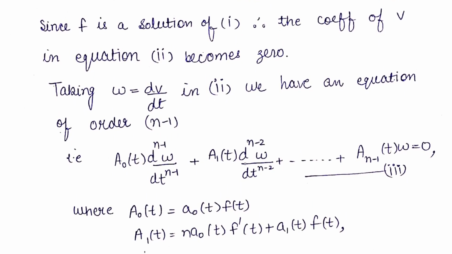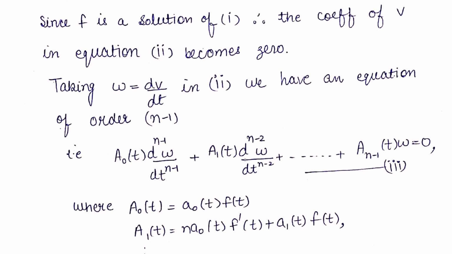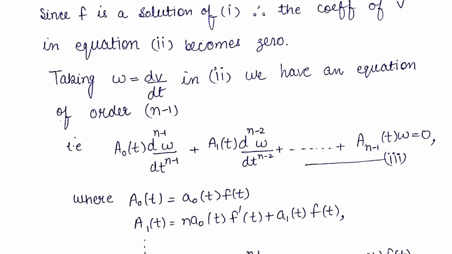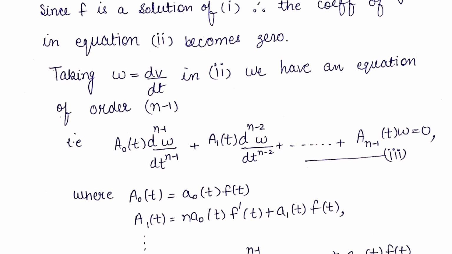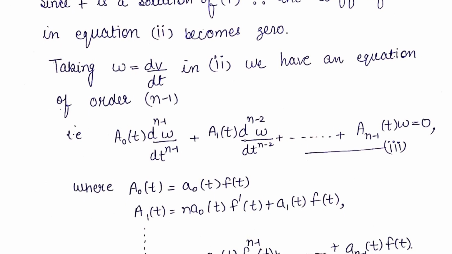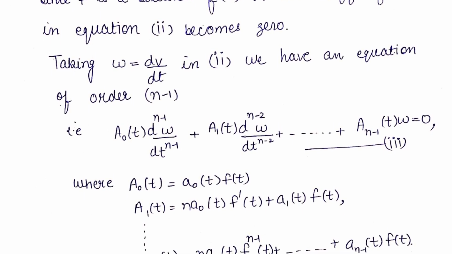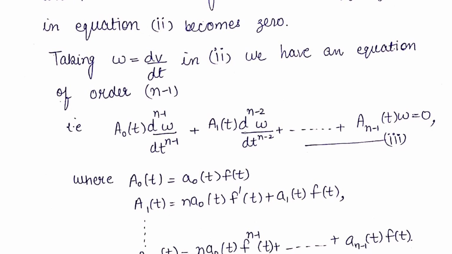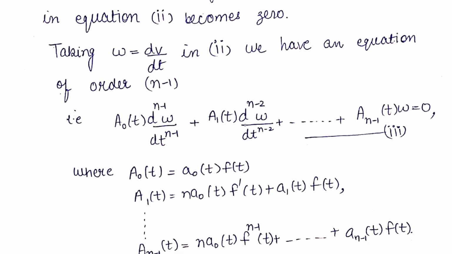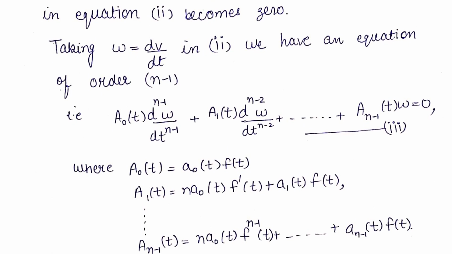And this completes the proof of the theorem, because now equation 3 is an equation of order n minus 1 with the dependent variable w, where w is given by dv by dt, and we obtain this equation 3 from equation 1 by reducing the order of the equation from n to n minus 1.